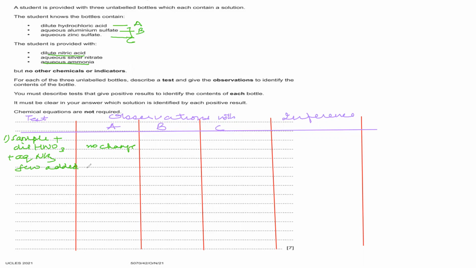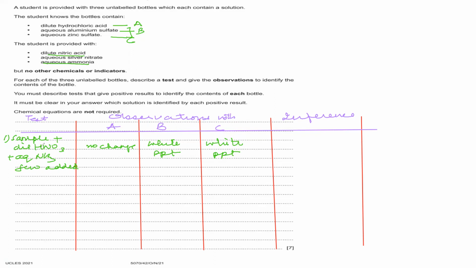So in both B and C, with the few drops of aqueous ammonia added to the sample, to which few drops of nitric acid have also been added, we will be observing a white ppt in both samples B and C, which are still unknown. If the white ppt is seen, you can draw the inference that B and C can both have aluminium or zinc, but definitely A doesn't have aluminium or zinc because we cannot see any change over there.